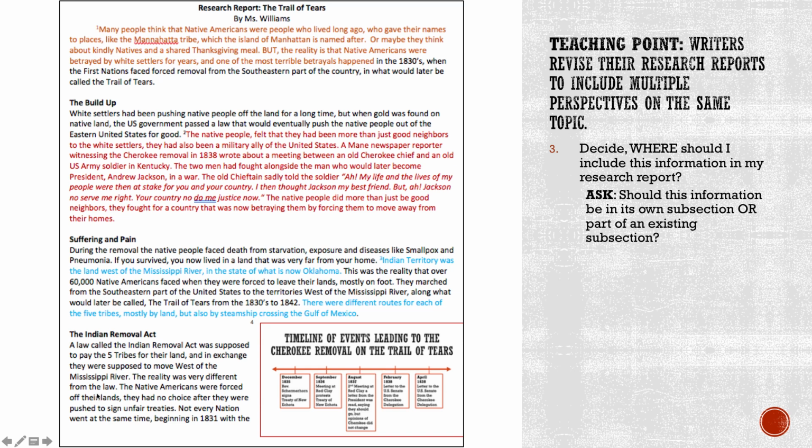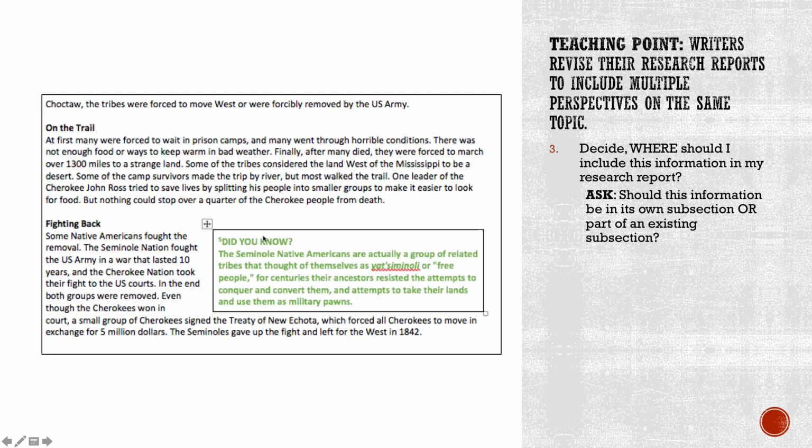Actually, now I'm thinking about it, I want to include this information, maybe not in the Indian Removal Act section, but maybe as its own separate thing after the Indian Removal Act. So it's still kind of part of it, but it's after it, because it's showing the relationship and how the two groups, President Andrew Jackson and the Cherokees, felt about this situation, about the Indian Removal Act.